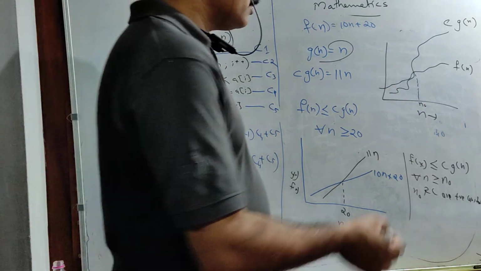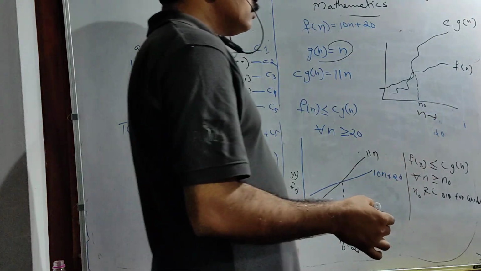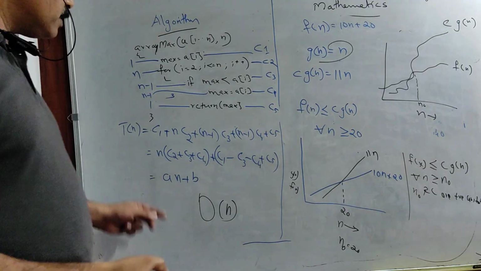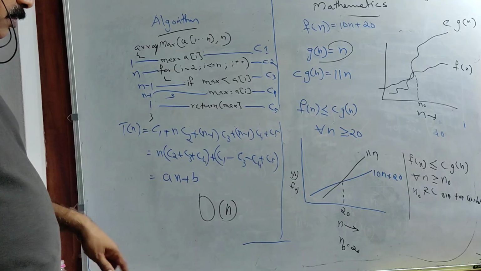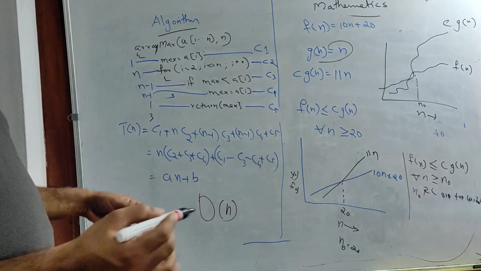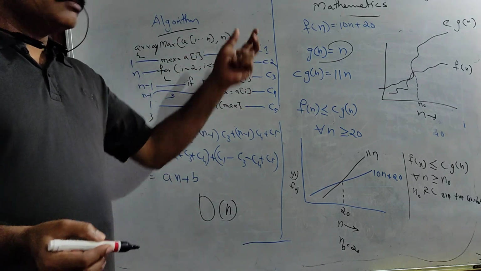This is the concept of big O. Here we can say this T of n is of order big O n, or your algorithm is of order big O n. This way you can relate your algorithm concepts and mathematics.